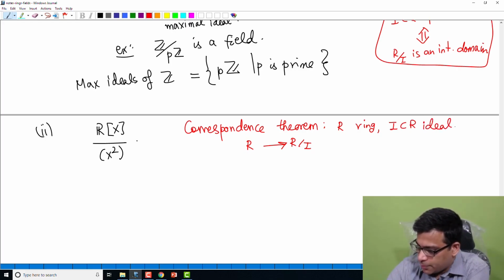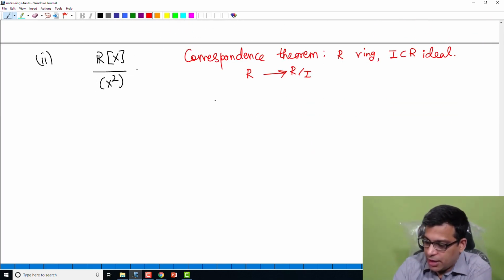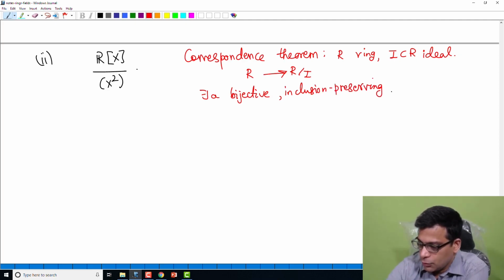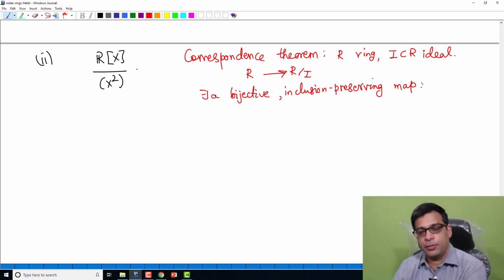And what is the statement of the correspondence theorem? It says that there is a bijective and inclusion preserving map. You understand what I mean by that, right?